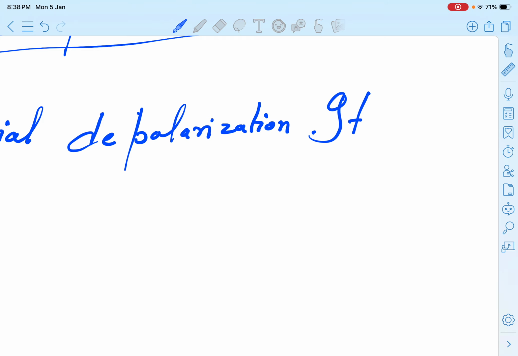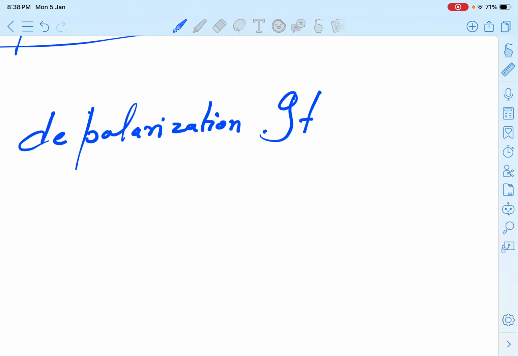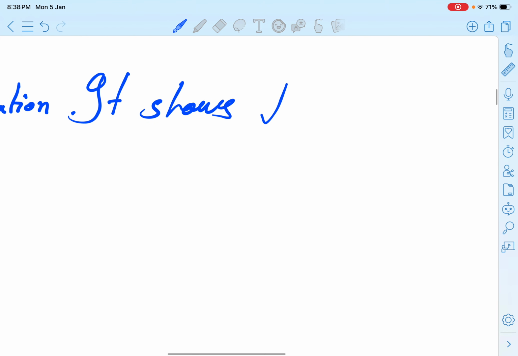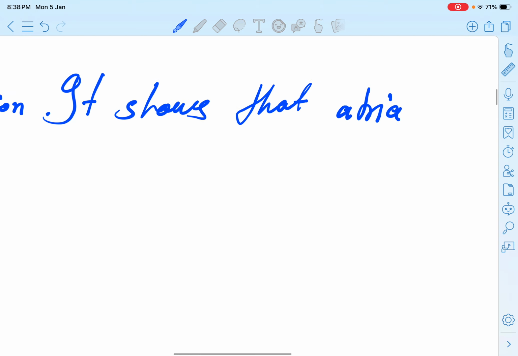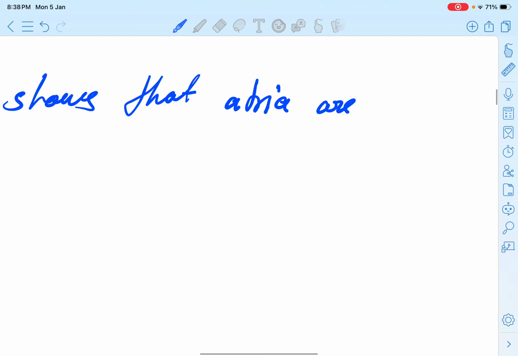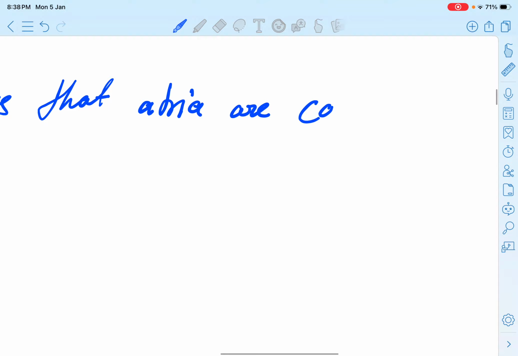It shows that the atria are contracting. The heart is pumping. When the atria are pumping, that shows the P wave. It shows that atria are contracting.